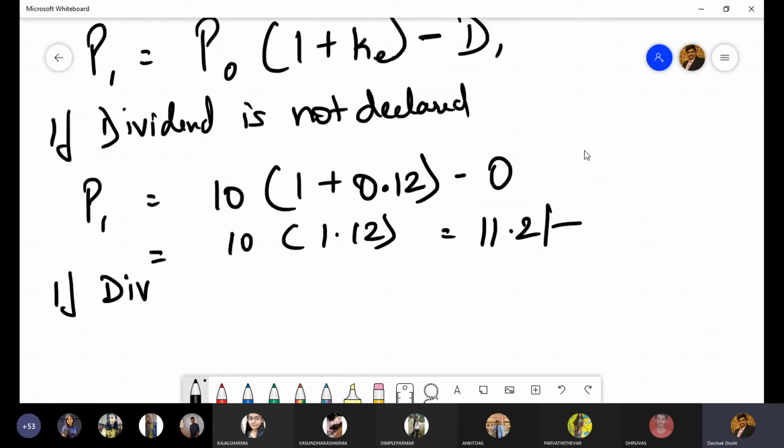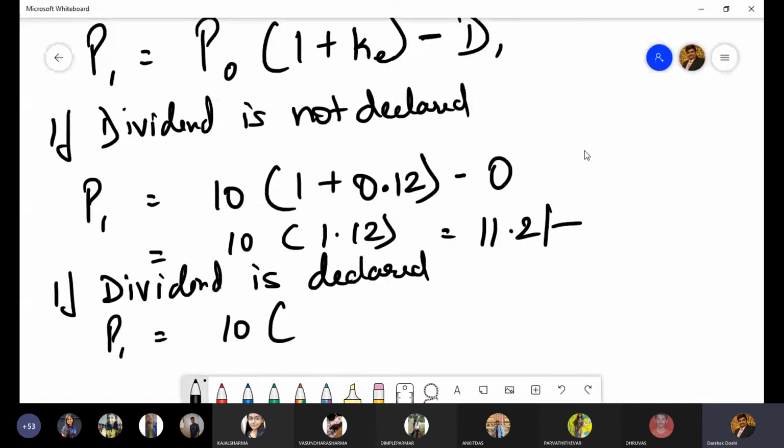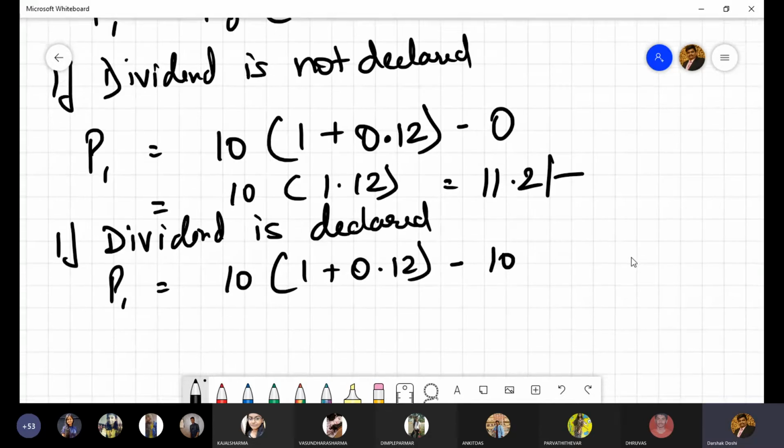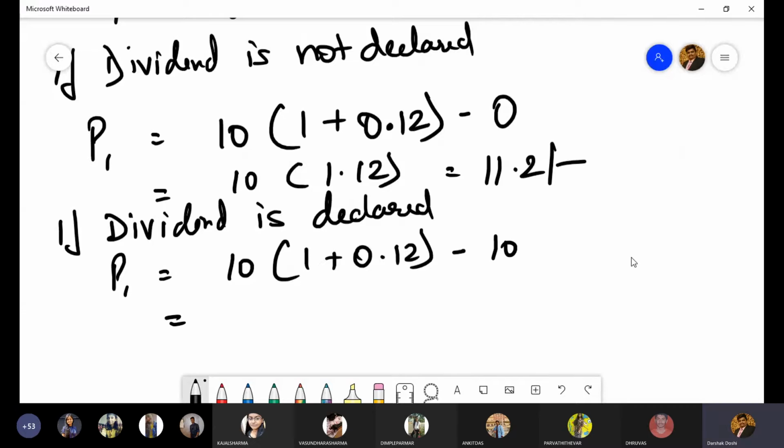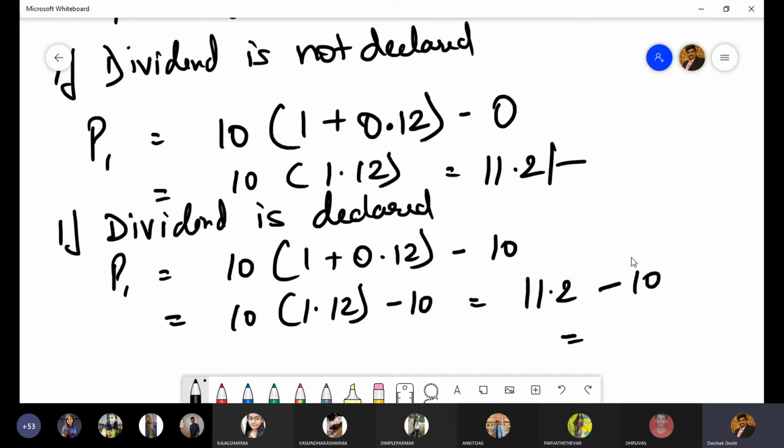If dividend is declared, P1 is equal to 10 into 1 plus 0.12 minus 10, is equal to 10 into 1.12 minus 10, is equal to 11.2 minus 10. Answer is 1.2 per share.